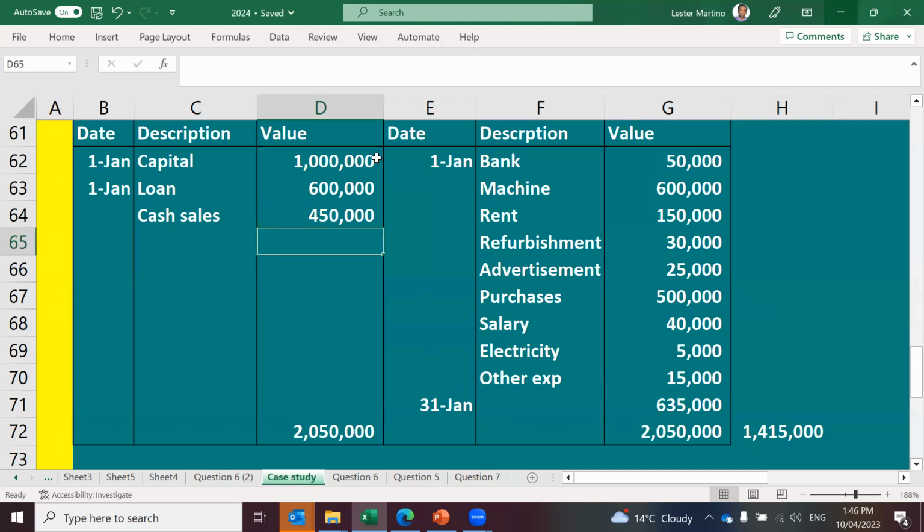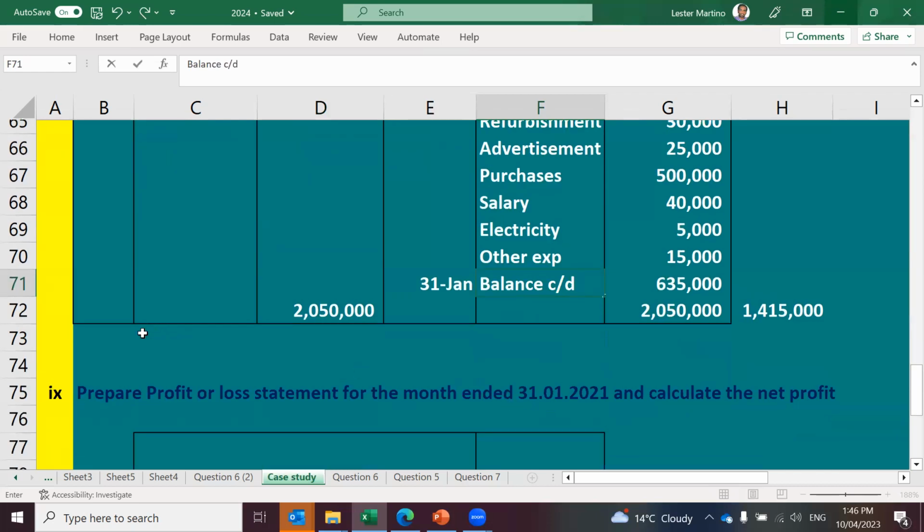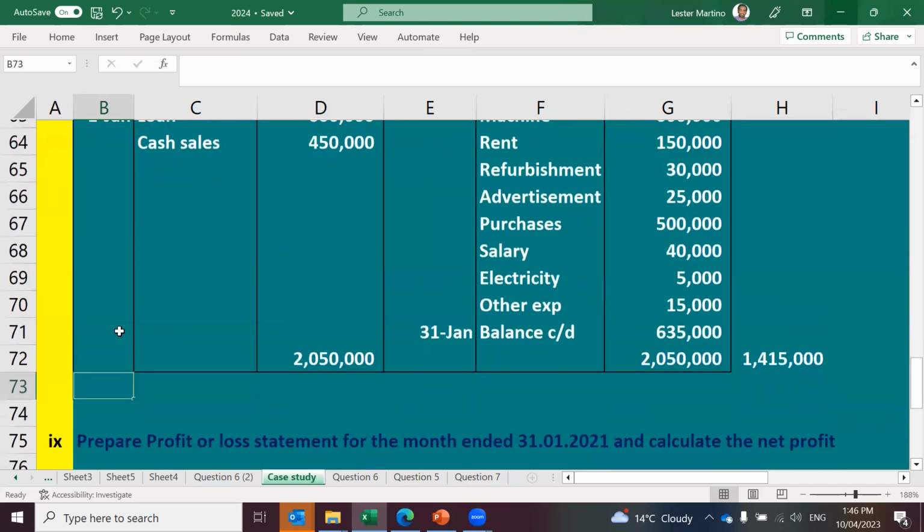So for cash sales, cash account debit or cash book debit, sales account credit. First Feb, brought forward, 635.